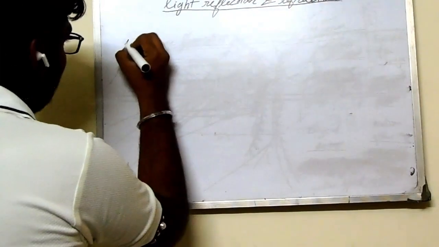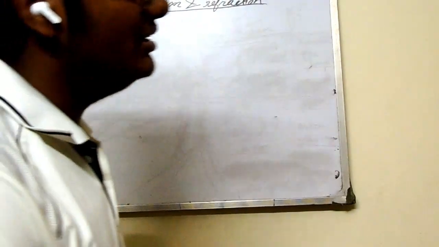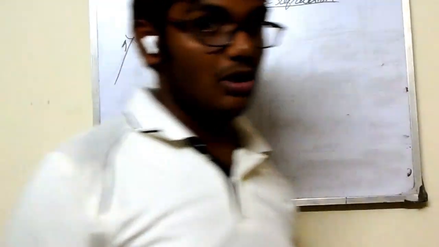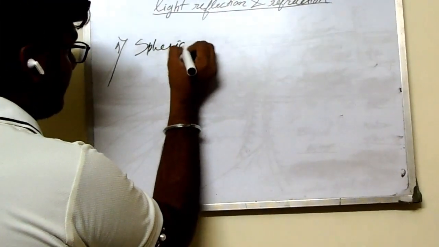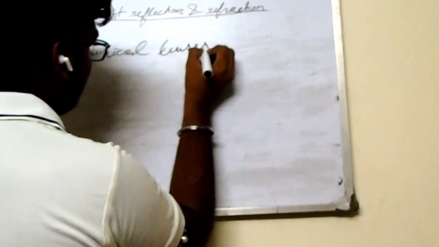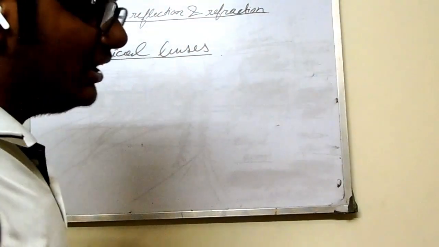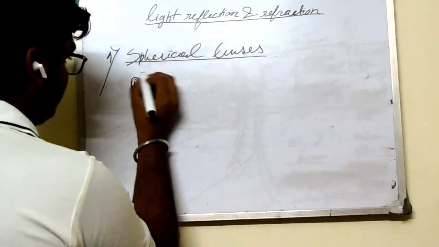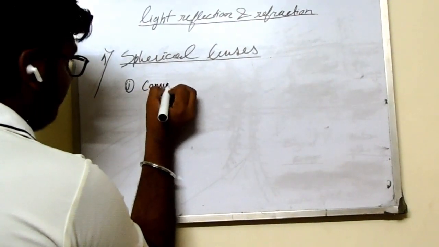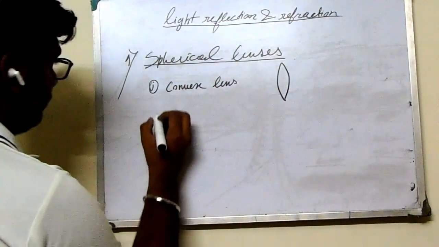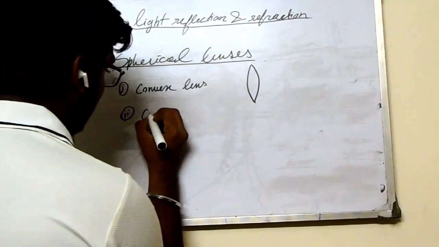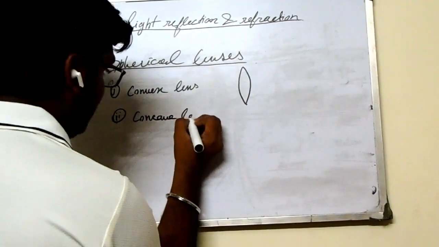Now, till now we have seen the spherical mirrors. Now we will see the spherical lenses. There are two types of spherical lenses: convex lens and the second one is concave lens.